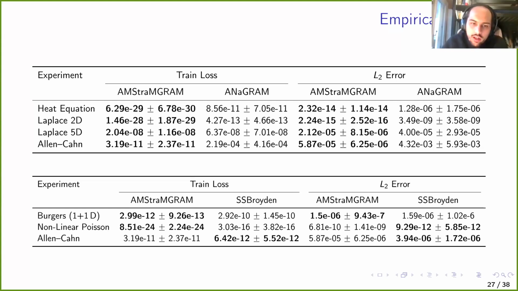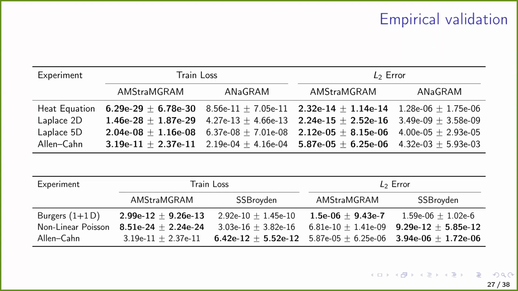In fact, it was a bit hard to compare, because in SS-Broyden they resample the points, and we were more interested in the pure performance of the optimizer without any other trick. So yes, we know there are more comparisons to do, using other tricks and combining them with AMStraMGRAM. Jorge Urban put a comment in the chat.